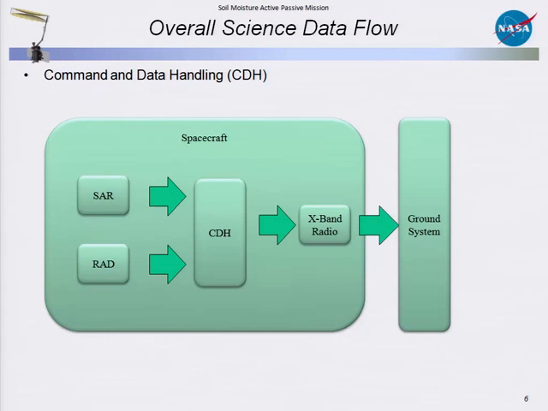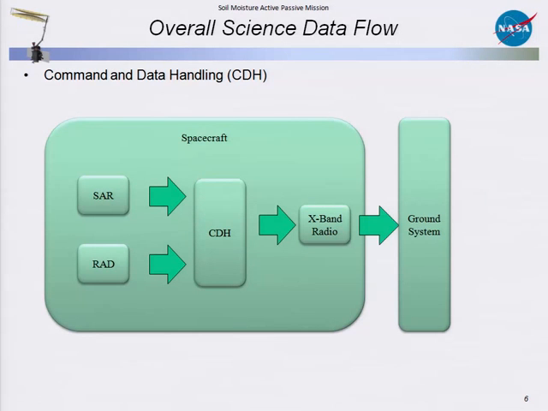Okay. So this is kind of an abstract cartoon here showing you the data flow at a very high level. We have the spacecraft on the left and the ground system on the right. And this is one-directional science data flow, so we're going from the spacecraft to the ground system.